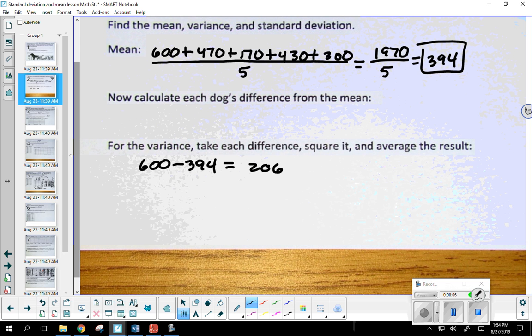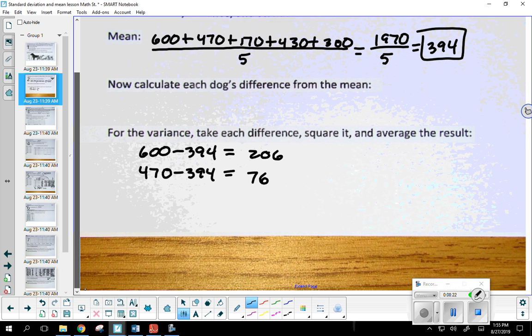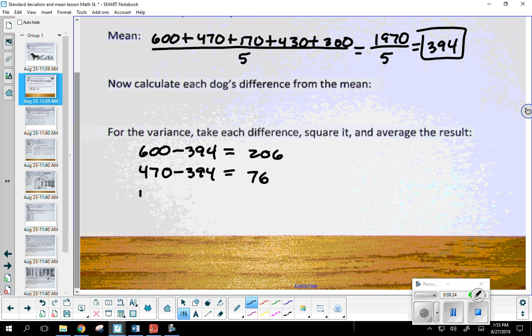All right. Now let's find all those differences, and then we'll come back in just a second. So next up was 470 minus 394, which will give me 76.